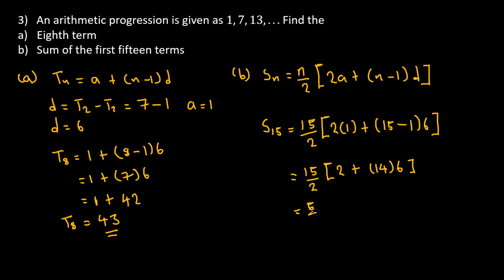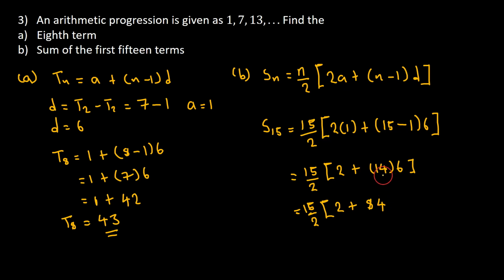15 over 2, and then 14 multiplied by 6, we have it as 84. 6 multiplied by 4, you have it as 24.